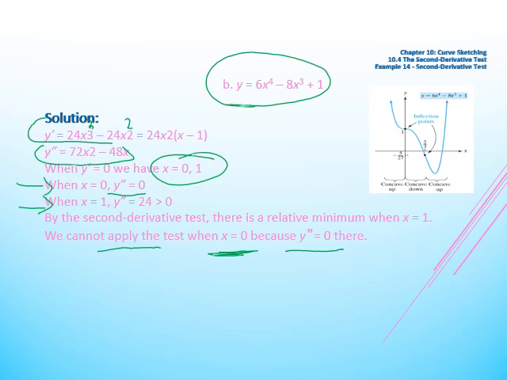And when x equal to 1, y double dash equal to 24, and 24 is greater than 0. So we have a relative minimum when x equal to 1. So we can determine the minimum point, and at the other point the test cannot be applied.